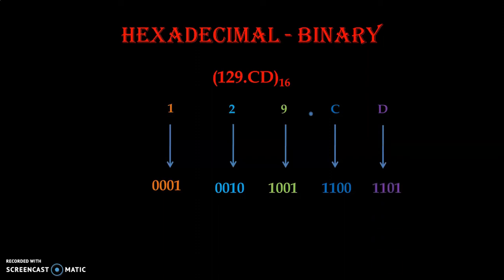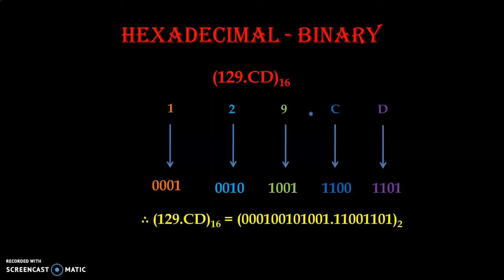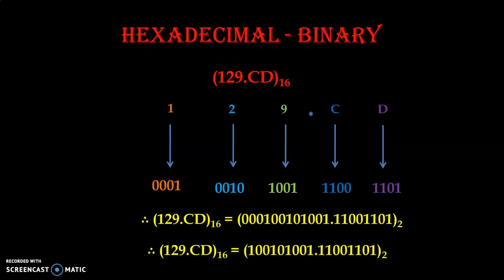Now in the next stage, we club all the binary groups together. We use the same fractional point at this stage, so there is no change, but now we can again eliminate the 3 zeros on the left extreme side. For the sake of simplicity, we write the equivalent binary number in this manner.